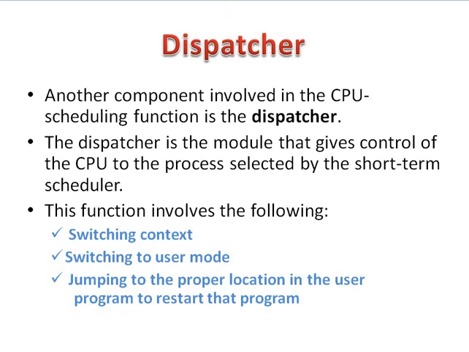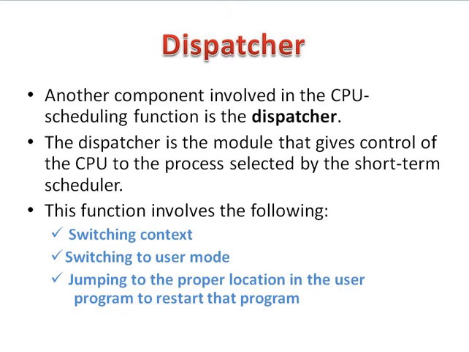That means the main function of the dispatcher is to assign ready processes to the CPU. The dispatcher allocates the ready processes to the CPU, to the processor. The dispatcher is the module that gives the control of the CPU to the process selected by the short-term scheduler.